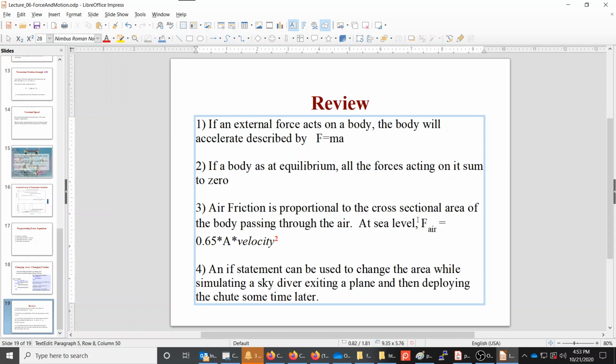Even though we're talking about somebody jumping out of an airplane who at 5,000 meters certainly isn't at sea level, we're going to just use this simplified Newtonian friction and assume that we're at sea level the entire time. So we'll just keep this value constant for simplicity.